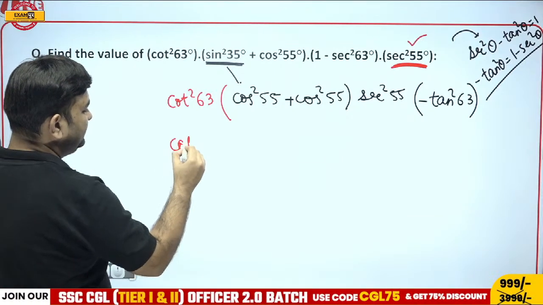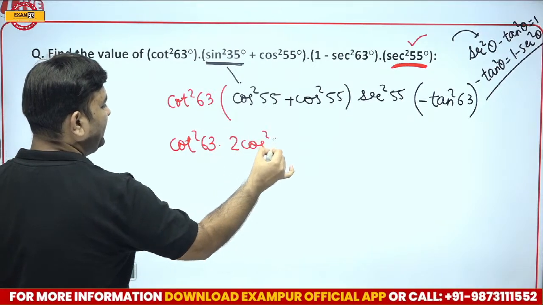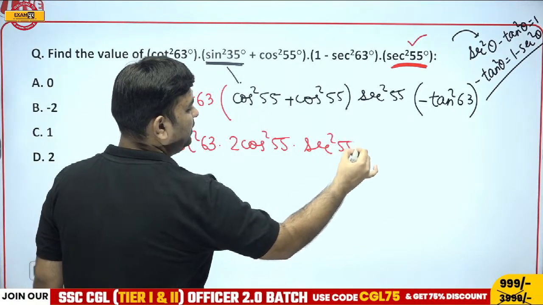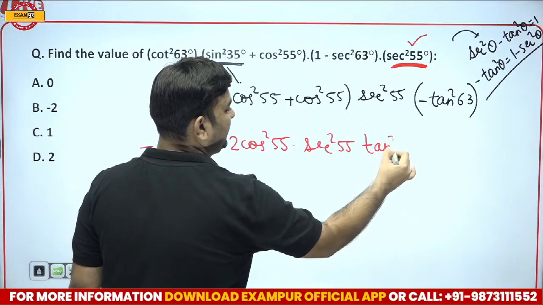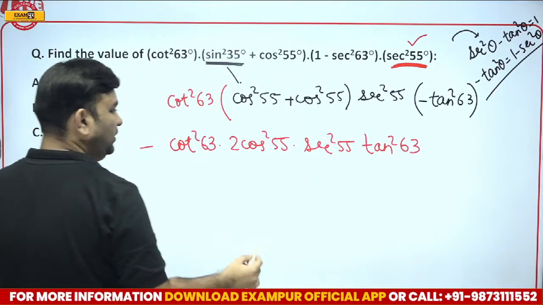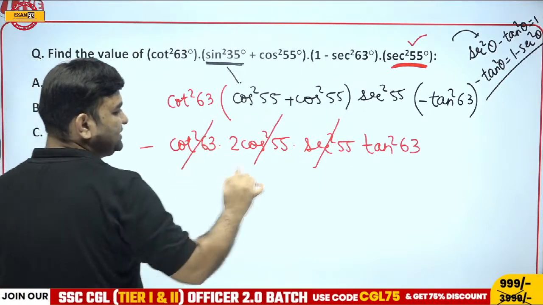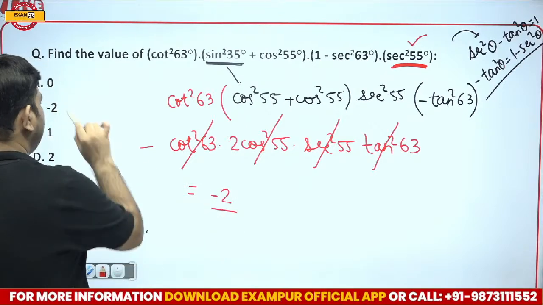Cot 63 times 2 cos square 55, sec square 55, minus tan square 63. Cos 55, sec 55 will cancel out. Cot 63, tan 63 will get cancelled out. Minus 2 is the answer.